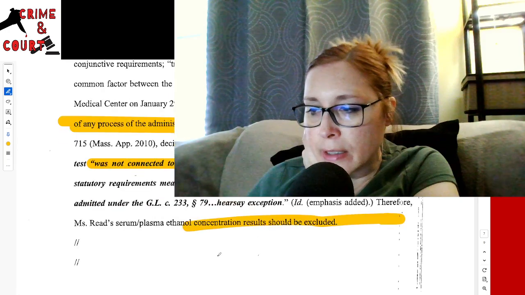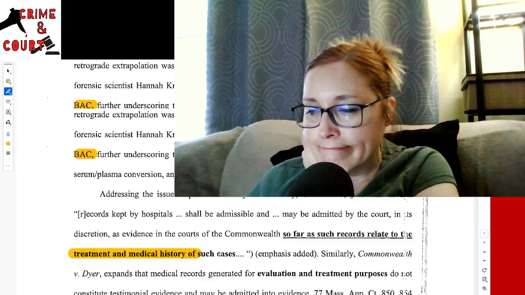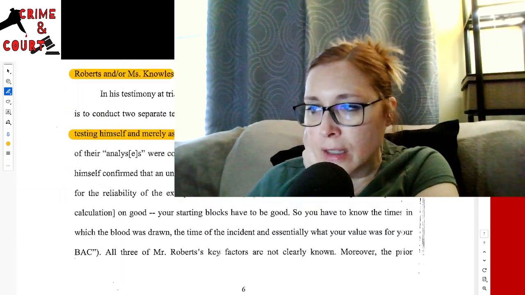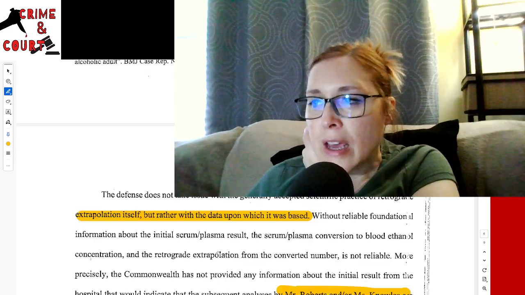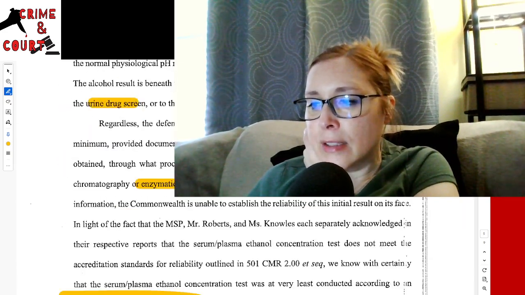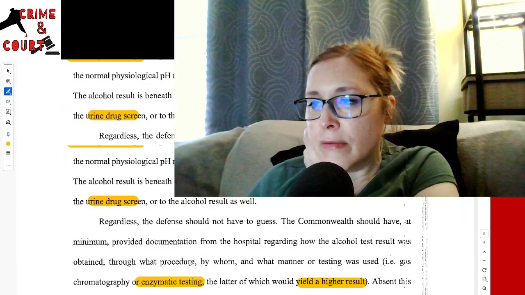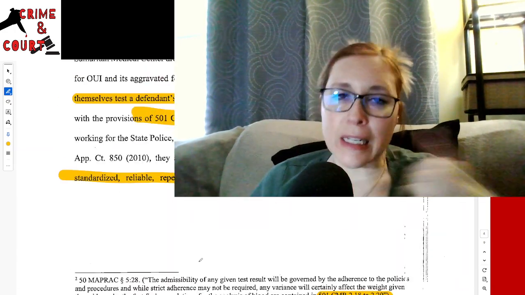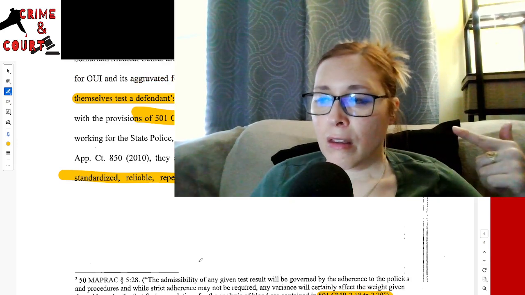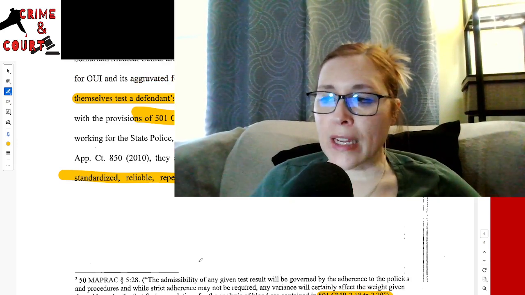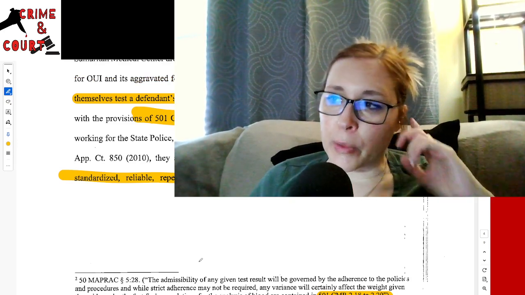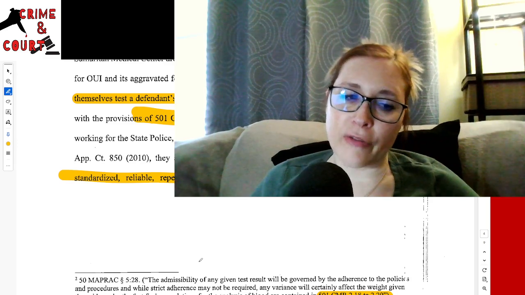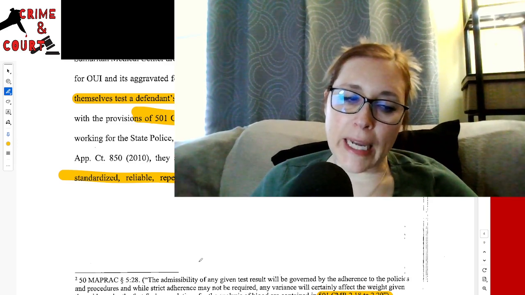I thought it was really good how Eliza Little draws out problems with the testing, problems with just the reliability of the report itself, saying we can't use the testing from the lab.